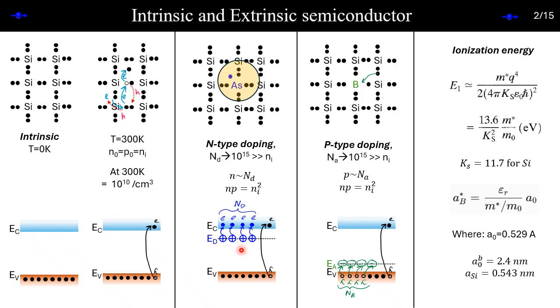So the bottom line is whenever we are doping, the density is much smaller than the density of the host atoms, and we are not changing the band structure of the material. Depending on the doping type, it can be donor type or acceptor type. In one case, we will have an excess number of electrons. In another case, an excess number of holes.